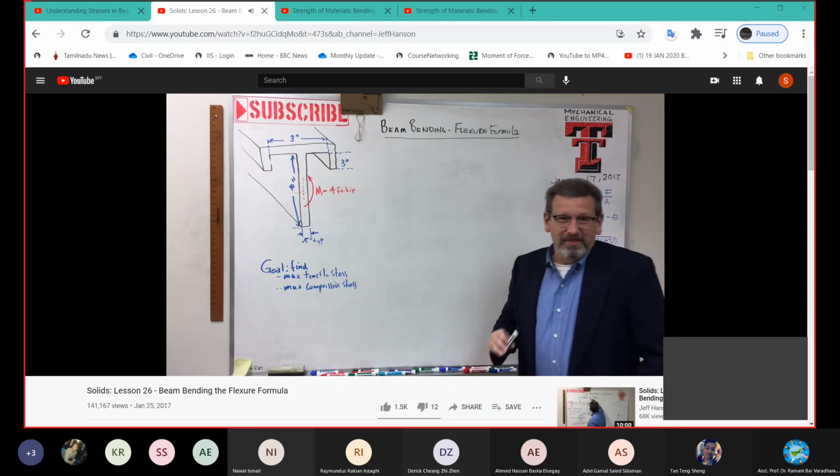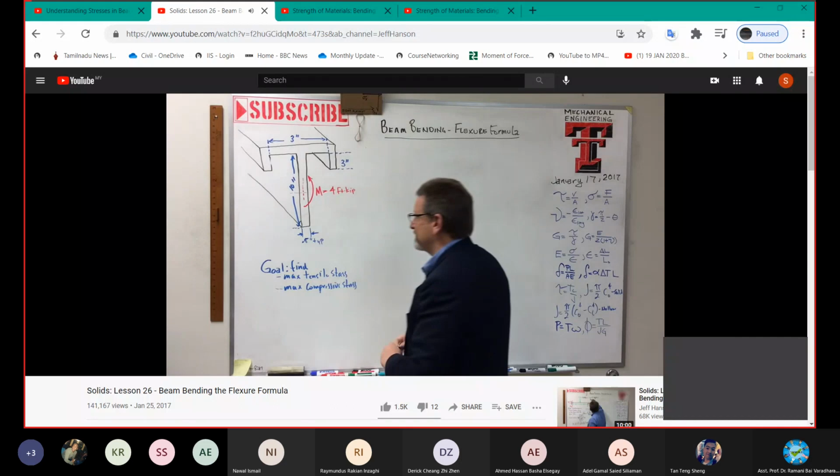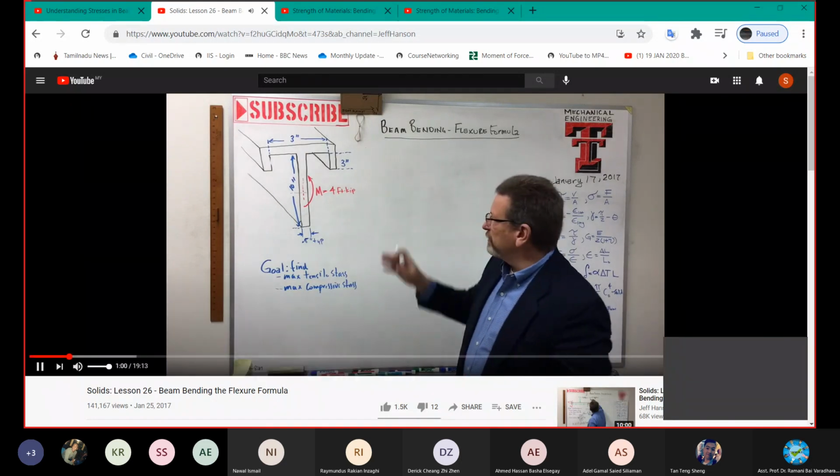Why are there wrinkles on the top? Because as I bend this, the top fibers of this beam are in compression, whereas the bottom ones down here are being stretched, they're in tension. So somewhere in between the top and the bottom, there has to be something going on. It has to switch from compression to tension, right? Well, it does that at what's called the neutral axis, or the centroidal axis of the part.